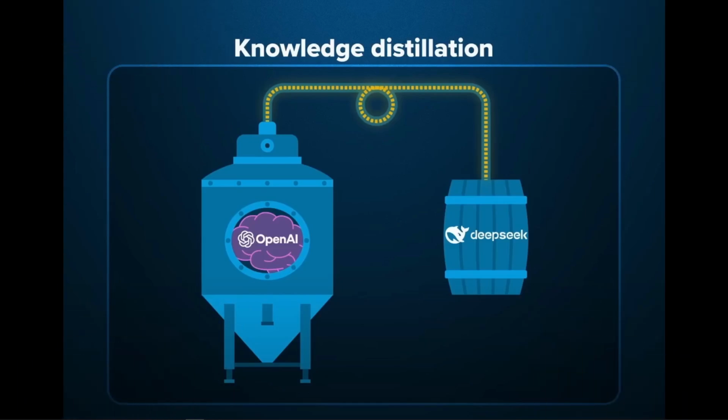Welcome to knowledge distillation. They say knowledge distillation is the methodology behind the creation of the DeepSeek models, which basically means that a larger parent model or a teacher model is used as the data source in the training of the distilled models like DeepSeek R1, DeepSeek V3, DeepSeek Coder, etc. In this process, the student model keeps asking the parent model hundreds and thousands of questions and uses those answers to train itself.